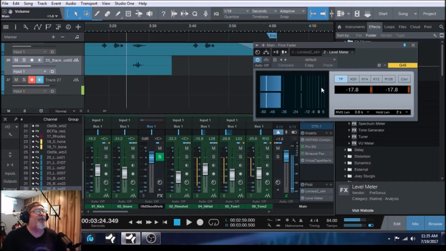You could hear how it was starting to get smashed down and starting to get distorted.